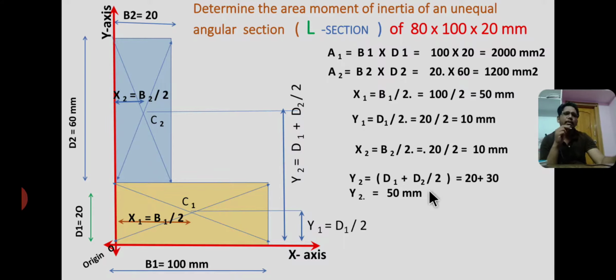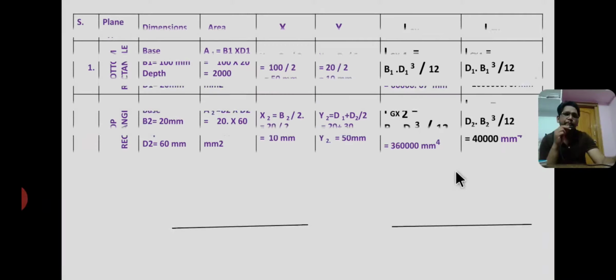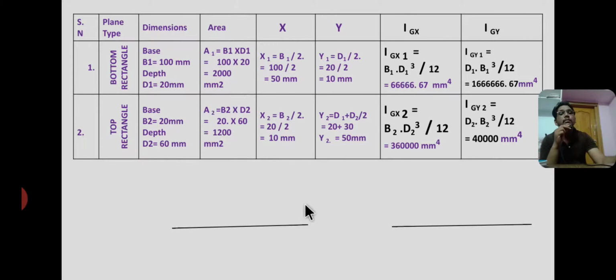In the next slide I have written these values in tabular form. So these are the section numbers: section 1 for the bottom rectangle, section 2 for the top rectangle.